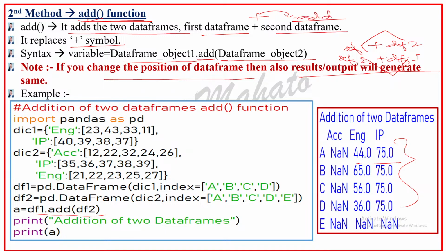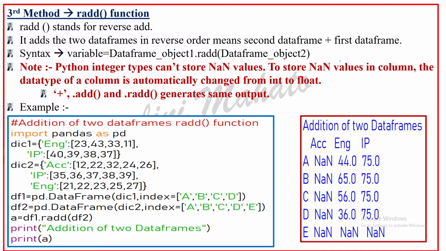Third method, the radd function. The radd function adds the two data frames in reverse order, so second data frame plus first data frame.